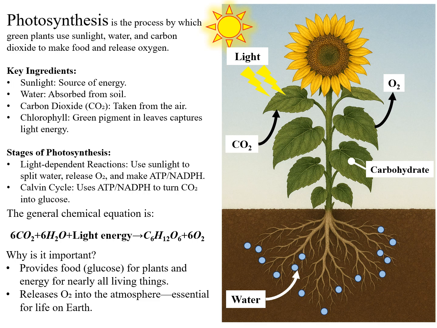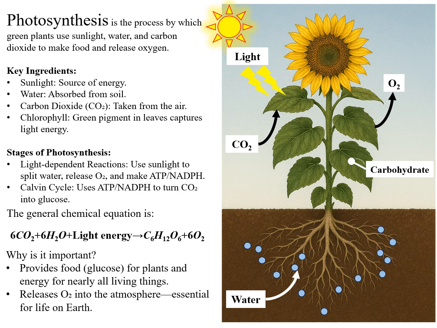So the general chemical equation is 6 CO2 + 6 H2O + light energy gives rise to C6H12O6 + 6 O2. This means 6 molecules of carbon dioxide and 6 molecules of water, using light energy, are converted into 1 molecule of glucose and 6 molecules of oxygen.